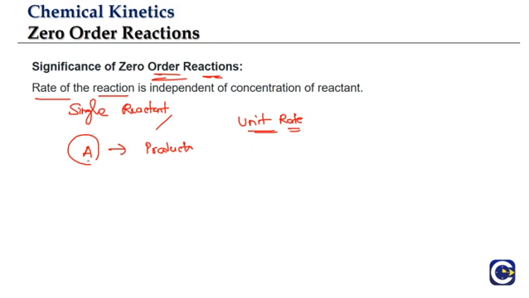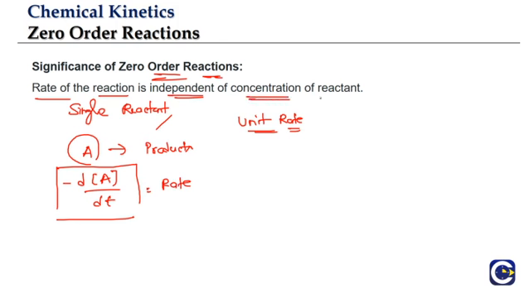So here the instantaneous rate of the reaction can be expressed as minus dA by dt. So this is the rate of consumption of the reactant A.